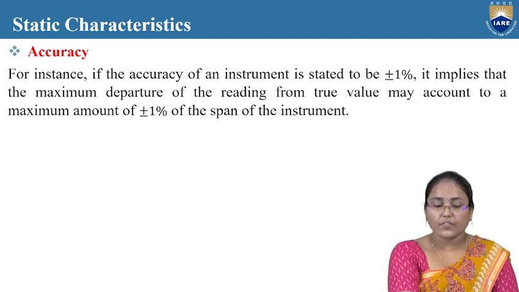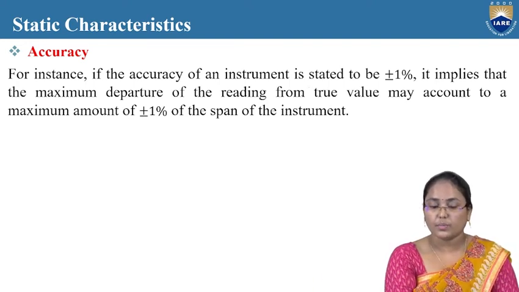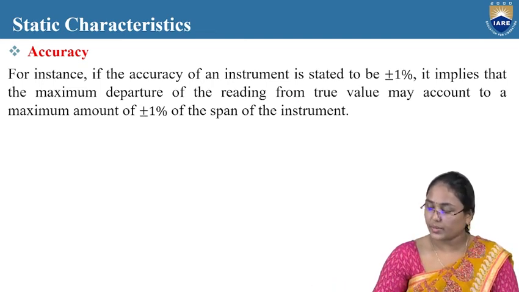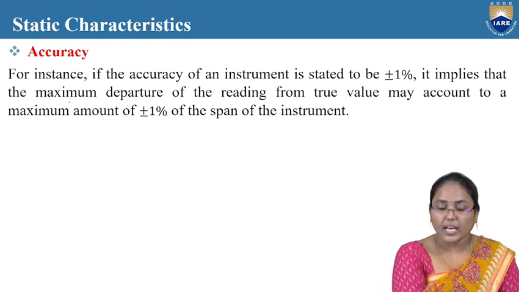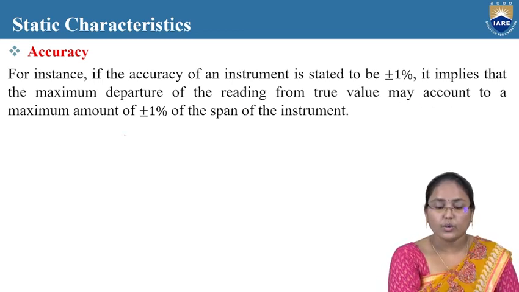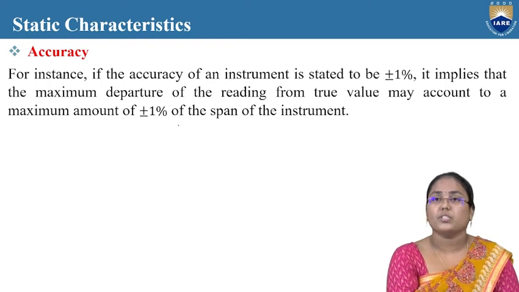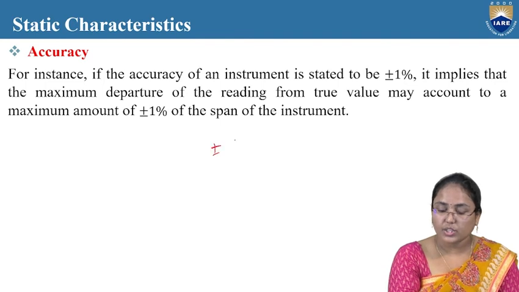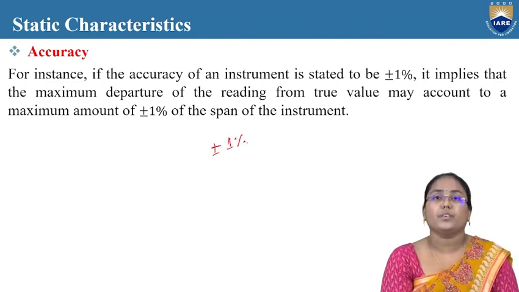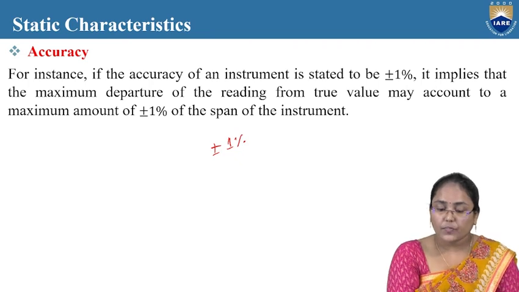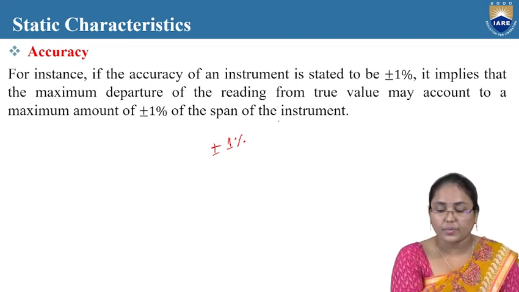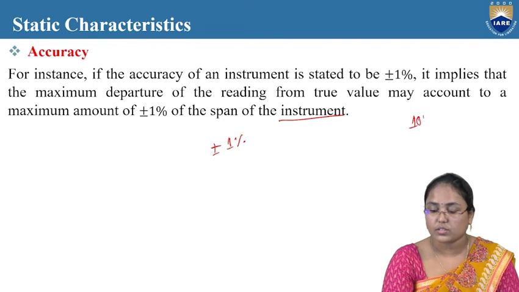Now, if the accuracy of the instrument is stated to be plus or minus 1%, then it implies the maximum departure of the reading from the true value may amount to a maximum of plus or minus 1% of the span of the instrument. Now see, there is a variation of 1% in the particular value. If we look at how the change happens, for example, the instrument has to measure a value of 10 volts.